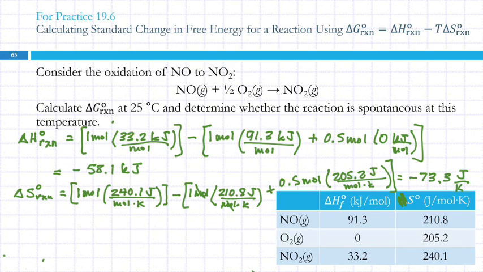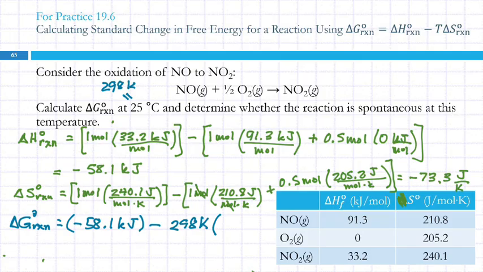So delta G for this reaction is delta H, negative 58.1 kilojoules, minus the temperature. Well, this is at 25 degrees Celsius, right? That needs to be in Kelvin. That's equal to 298 Kelvin. So we've got 298 Kelvin times delta S, negative 73.3 joules per Kelvin.